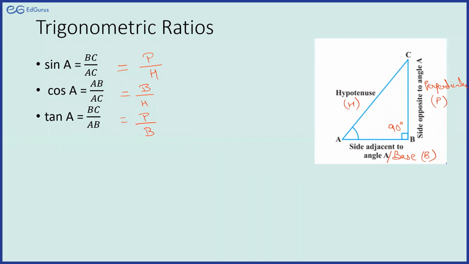So you can see these are ratios of the sides, right? BC upon AC. You have learned ratios in previous classes. These are ratios. It's a ratio between perpendicular and hypotenuse. This is the ratio of base to hypotenuse. This is the ratio of perpendicular to base, right?